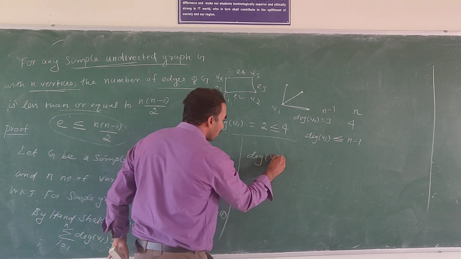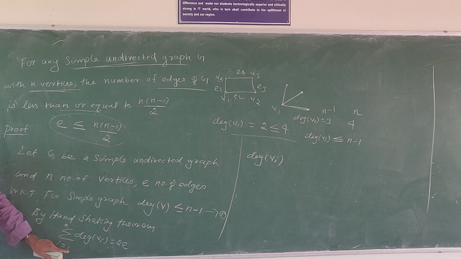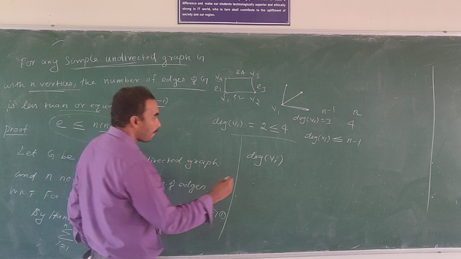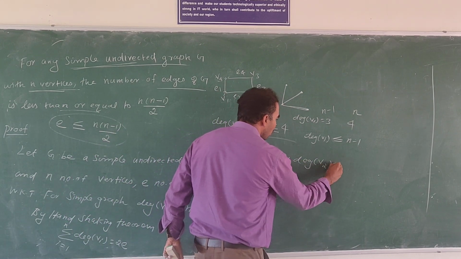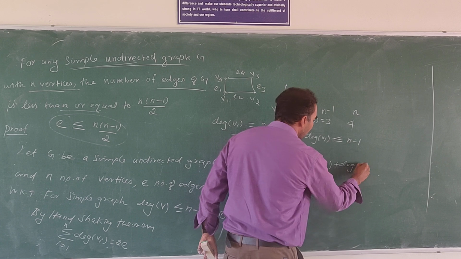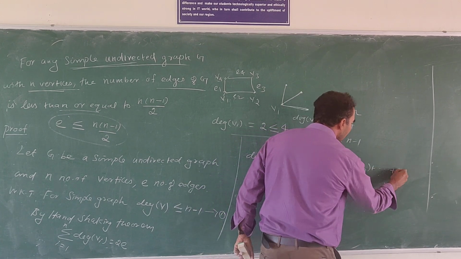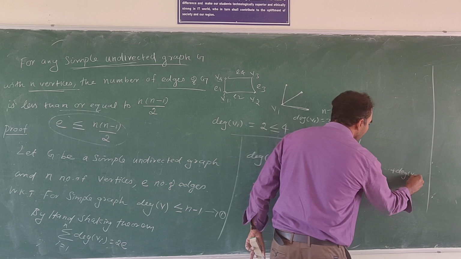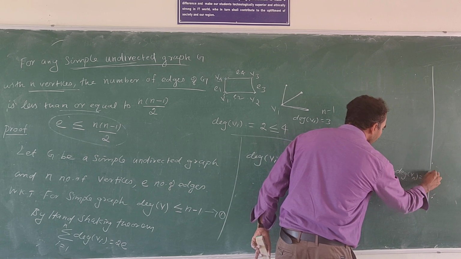Degree of V1, because i starts with 1. Summation represents sum. We have to add degree of V2, degree of V3, plus etc., degree of Vn, equal to 2e.